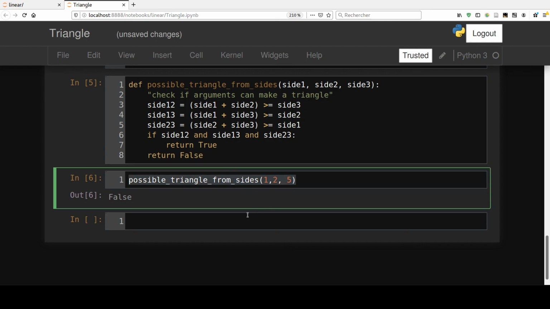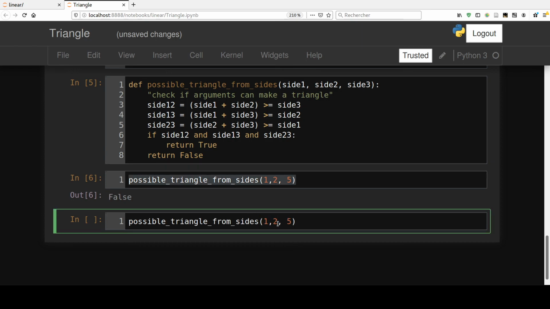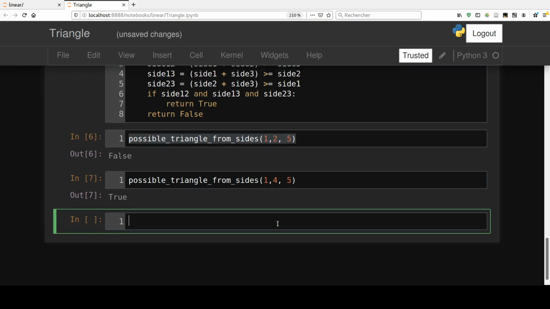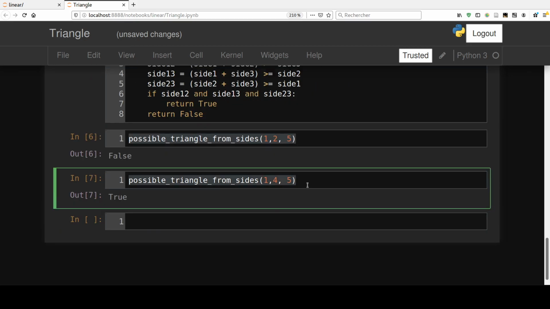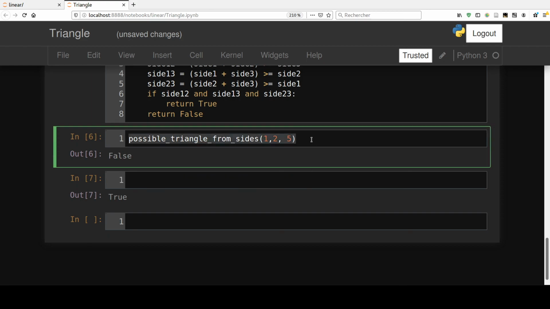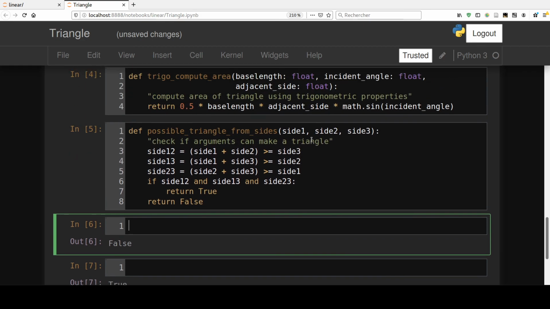And let's see what we have if we do this one with 4, for example, and it's true. So we can increase these check functions as well to see if we can make triangles from any given triplets.